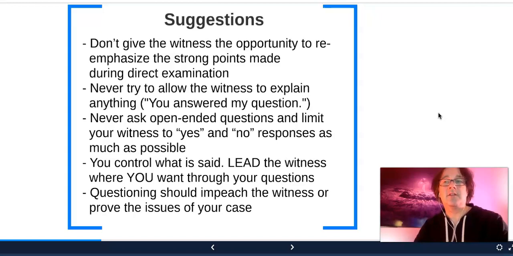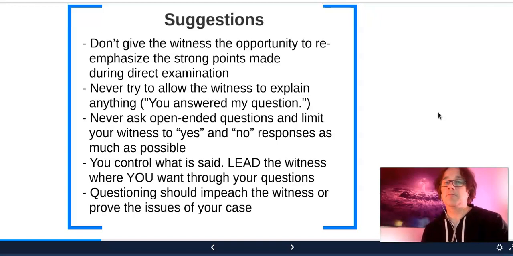Also, this is your opportunity to lead the witness. Essentially, you get to control what is said. So you could lead the witness kind of where you want them to go through these types of yes or no lines of questioning, and what you do should impeach the witness or prove the issues of your case.